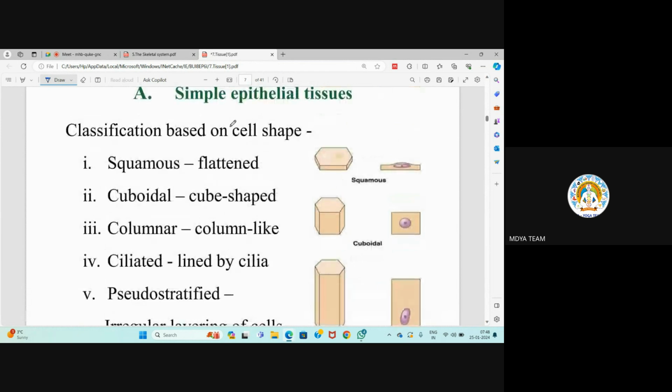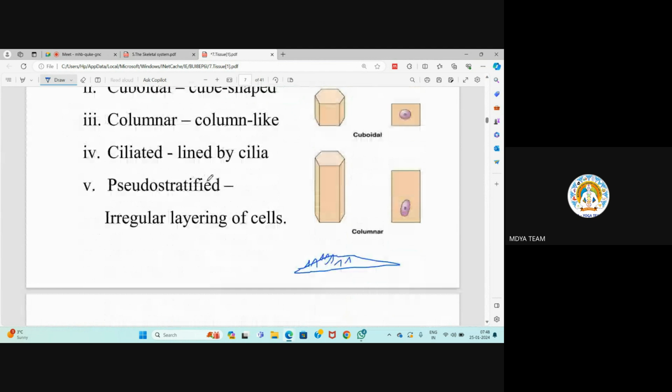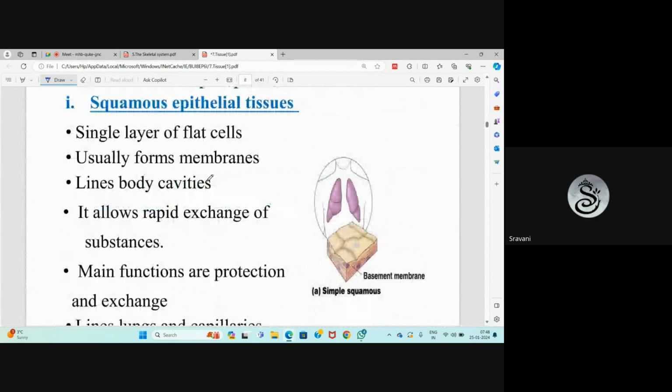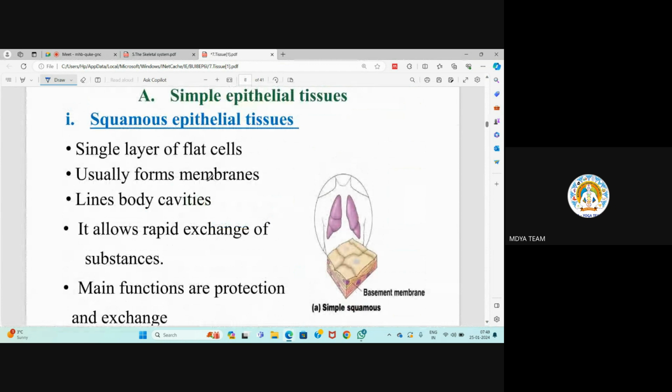So simple epithelium is always single layered, but sometimes simple epithelium tissue appears like it is having more layers, but actually it is not. They are part of a single layer only. That is why pseudostratified. Have you got the concept? Yes, ma'am. Okay. So we will clear the concept furthermore when we reach pseudostratified.